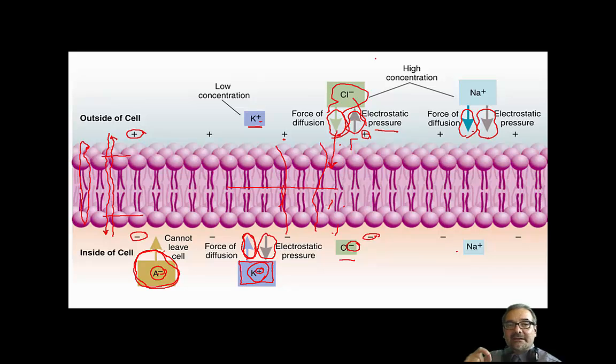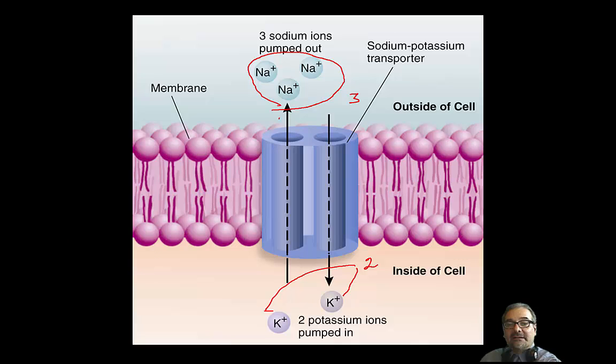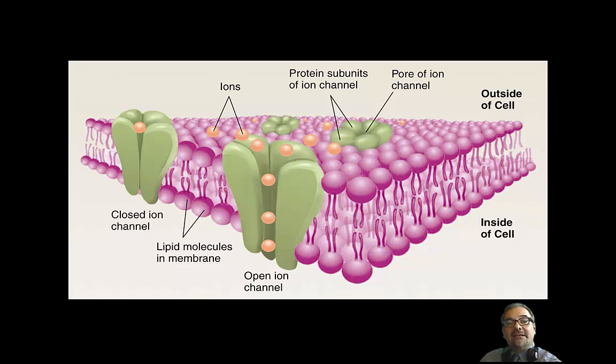With the caveat and the important point to observe that the actual ion that really has the urge to go into the cell is sodium. Sodium is one of the most important ions in terms of its role in creating action potentials and graded potentials inside the brain.